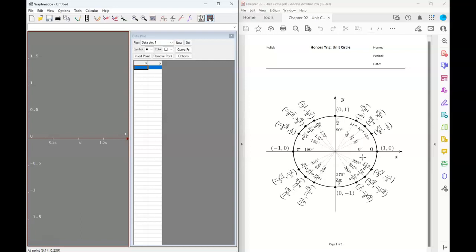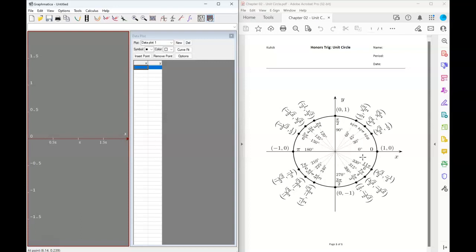Everybody's okay with that? Since we're talking about angles, the question is whether we're going to use degrees or radians. The answer, unfortunately for you, is radians.